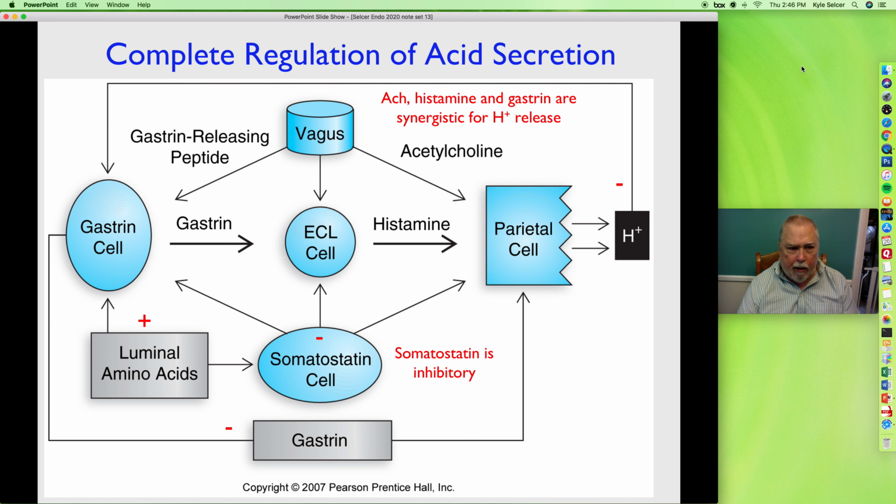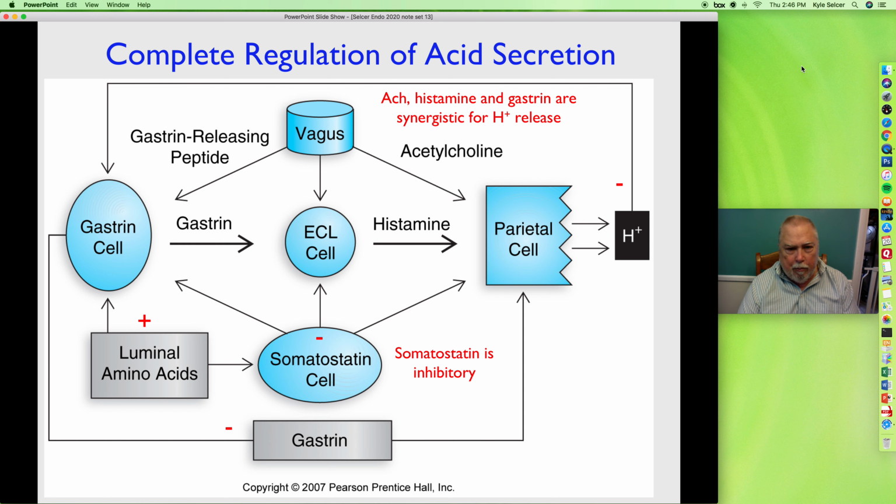So you have several things working together. Acetylcholine, histamine, and gastrin are all stimulatory for proton release, and any two of the three is a better effect, so they're synergistic. Histamine alone causes some activity, gastrin alone causes some activity, acetylcholine alone, but you put any two together and you get a lot more. Put all three together and you get a lot more.